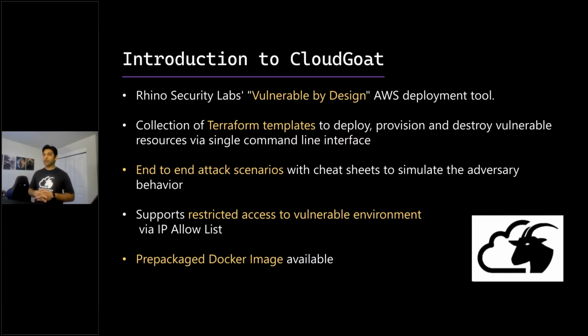Either you can install Python dependencies and relevant packages, or you can just get going with the pre-packaged Docker image, which has everything pre-built, along with Terraform and AWS CLI. The Docker image is a very quick start for you to get going.